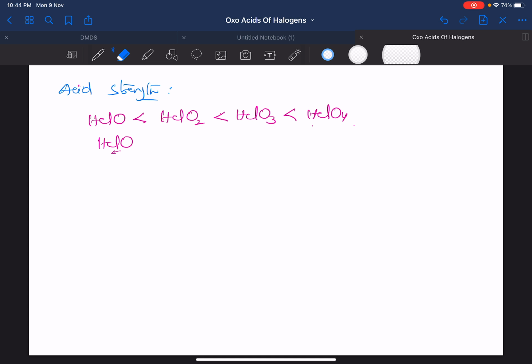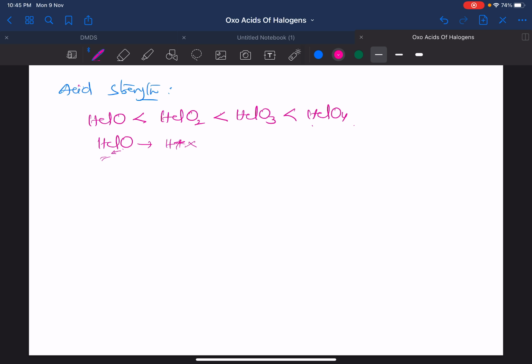So it cannot release the H plus ion easily, so it is the least acidic. We call it a strong acid only when it readily releases the proton. HClO does not give the proton because the bond strength between oxygen and hydrogen is high, so it is a weak acid.